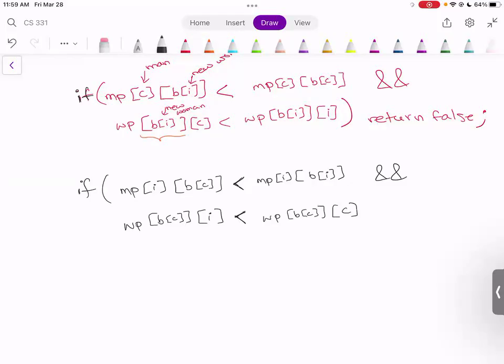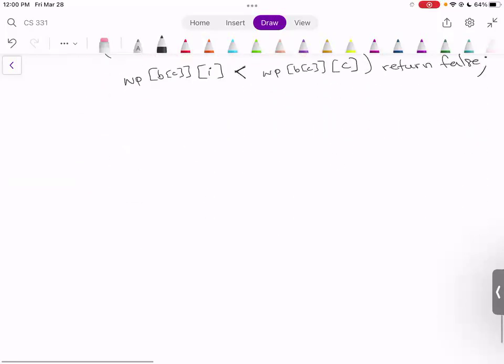Then we have an instability, and we return false. Now, if I got out of this entire for loop, I return true.